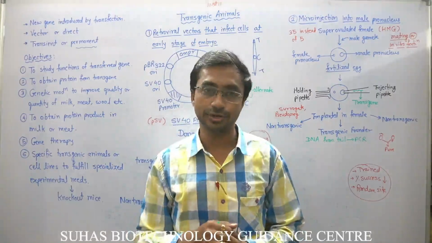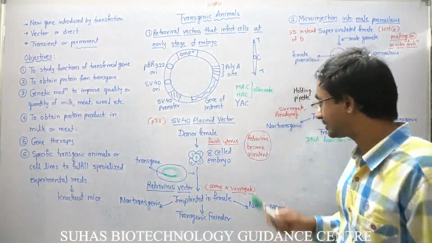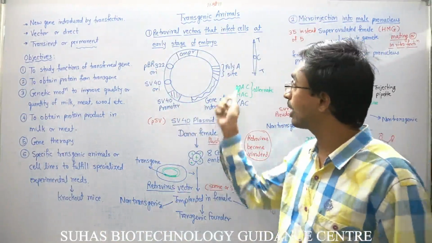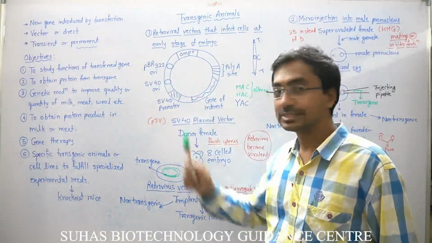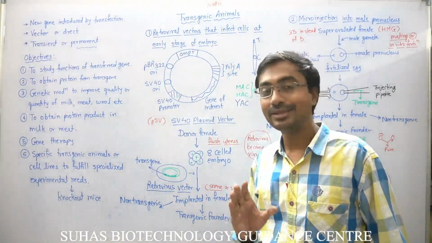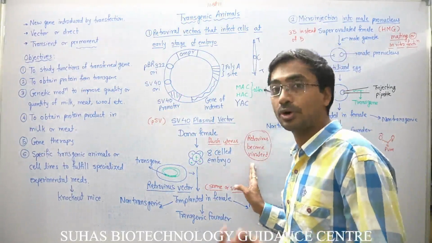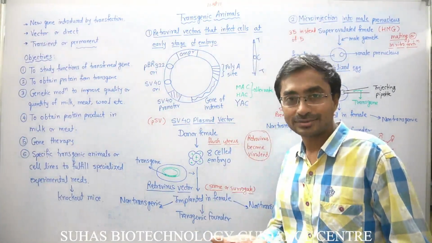Now here, the only problem is that the retrovirus can become virulent also. In this retroviral vector, the retroviral genes are mutated, and that's why generally it is not possible for it to become virulent. It's an avirulent type of viral vector.